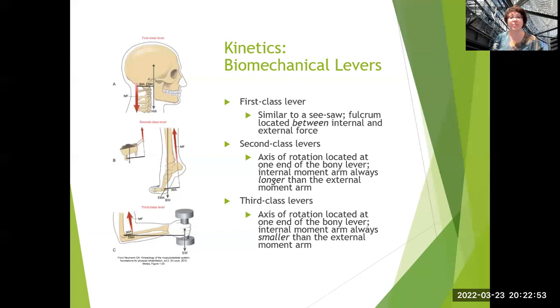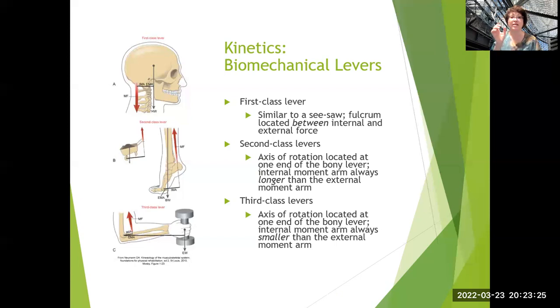The body position second class lever example here is the metatarsal phalangeal joint. The first metatarsal phalangeal joint is the axis, so it's raising up on your toes. The load is the gravity coming down through your body, through your tibia, and the force is the muscle force pulling your heel up in the heel raise.